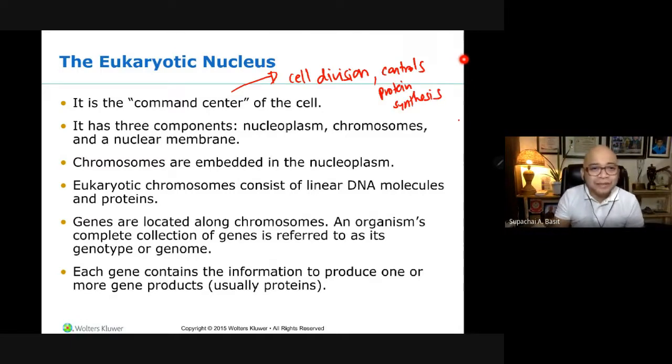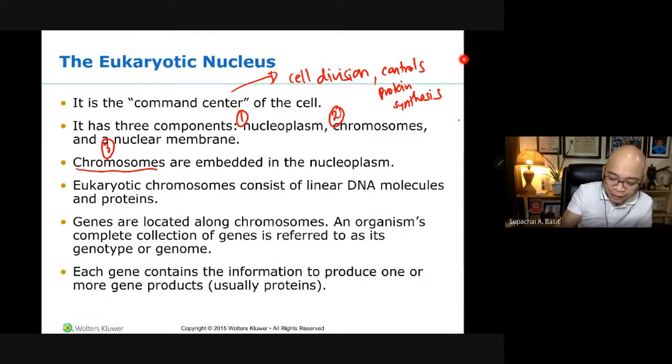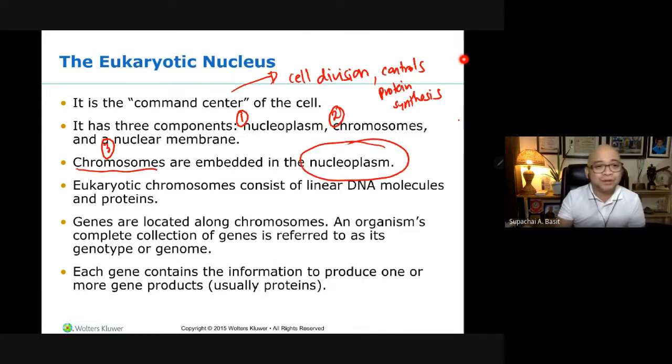As I've told you, it has three components, namely the nucleoplasm, the chromosomes, and the nuclear membrane. So where can we find the chromosomes? Chromosomes are embedded within the nucleoplasm. And why are chromosomes important?